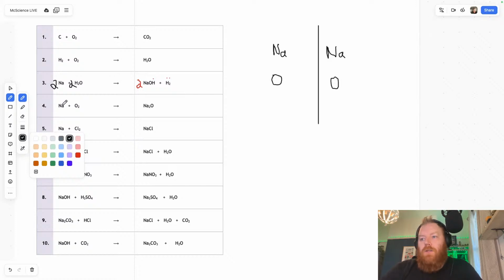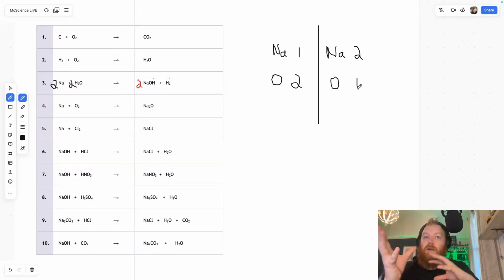So I have one sodium, two oxygen on my reactant side, and on my product side, I have two sodium and one oxygen. Now we are switching from one to the other, so therefore I've got to look at doubling things. Because there's two oxygen going in, I have to have two oxygen on the product side.